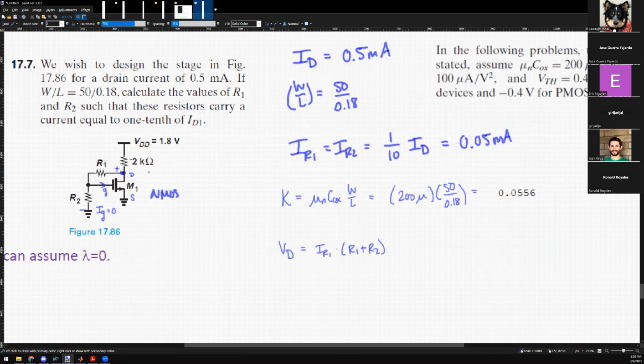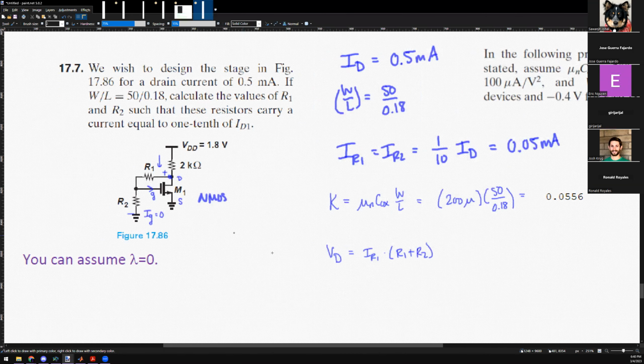And for the other expression of VD, do I know how much current is going down this path? Because we know the VDD and we know the ohms. The current is 0.5 plus the current going through R1, which will be 0.05.